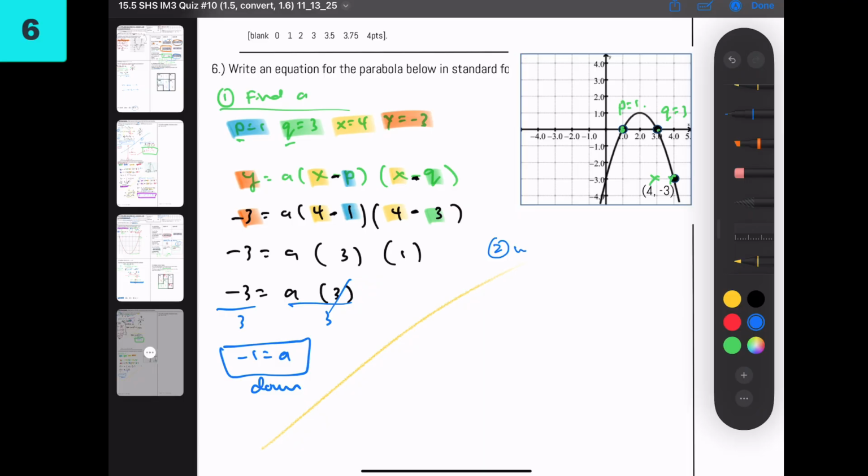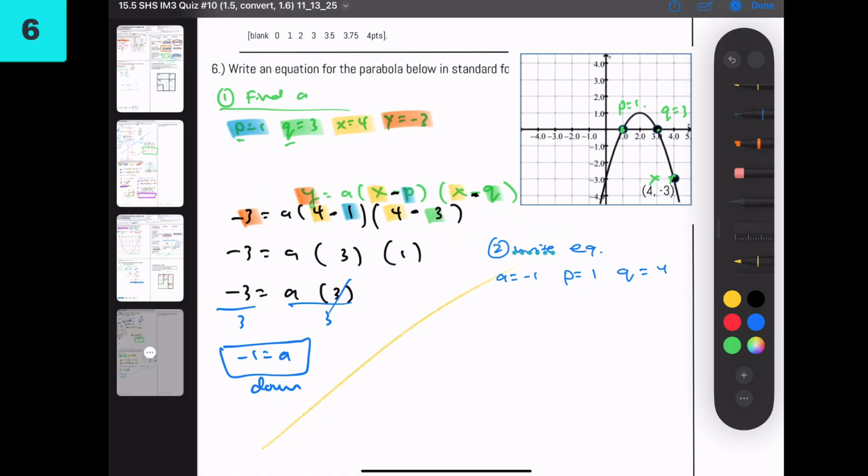let's write an equation. When you write an equation, you're only using A, P, and Q. So A is -1, P is 1, and Q is 4. And I'm actually going to use this one. Whoops.